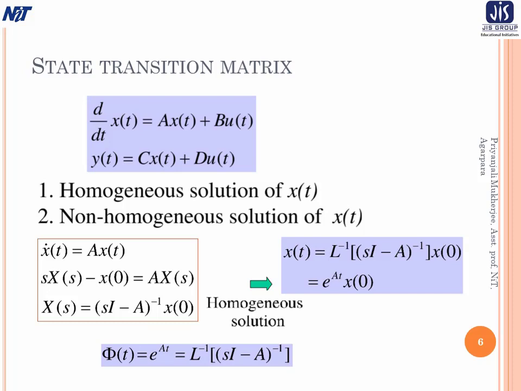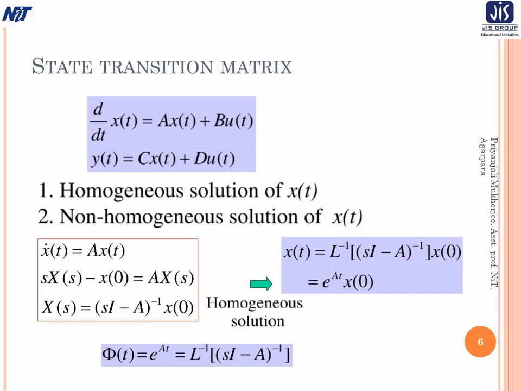So if we find X(s) = (sI - A)^-1 x(0), then in the time domain, by using the inverse Laplace method, we find that x(t) is equal to the Laplace inverse of (sI - A)^-1 into x(0). Now this term, the Laplace inverse of (sI - A)^-1, is known as the state transition matrix, and the matrix (sI - A)^-1 is known as the resolvent matrix, denoted by phi(s). So phi(s) = (sI - A)^-1.